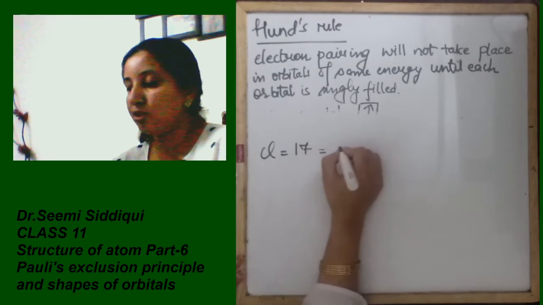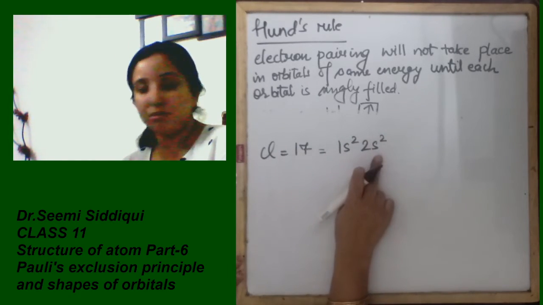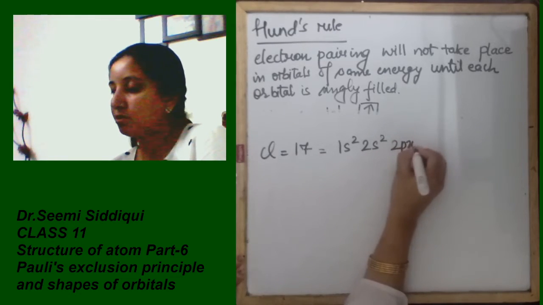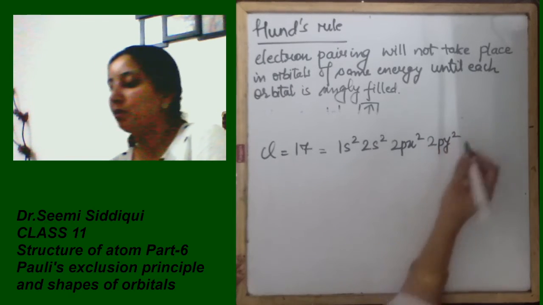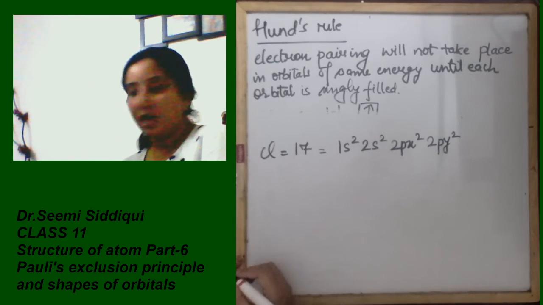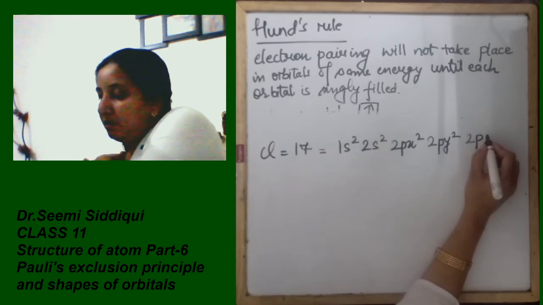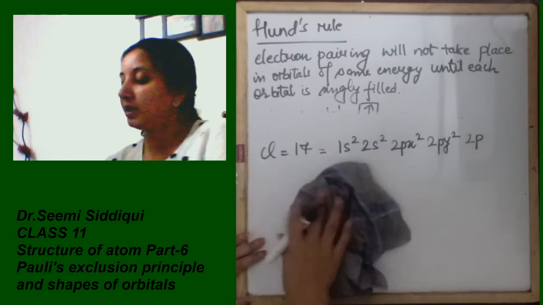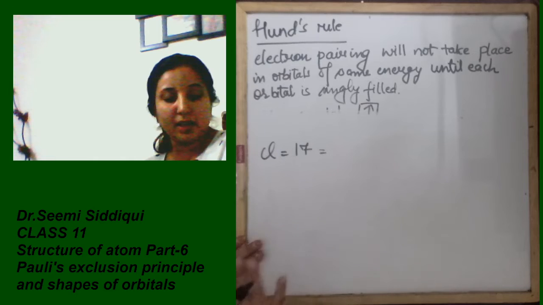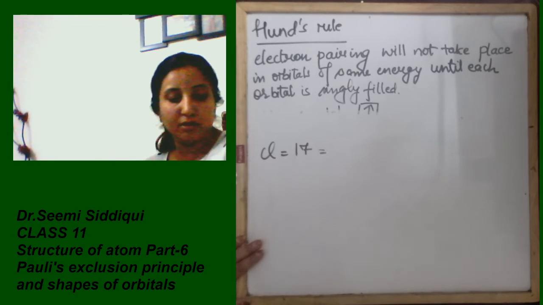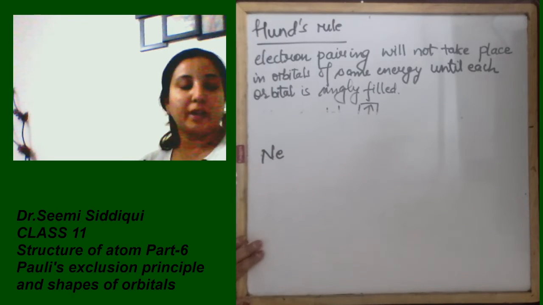So electronic configuration 1s2 2s2, 4 इलेक्ट्रॉन्स हो गए, 2px2, 6, 2py2, 8, oh sorry, chlorine I am saying ना, क्लोरीन के पास 17 इलेक्ट्रॉन्स है. It means here will be the introduction of your, क्लोरीन का एग्जांपल नहीं लेते, नियॉन का लेते हैं हम. नियॉन का एग्जांपल लेते हैं.